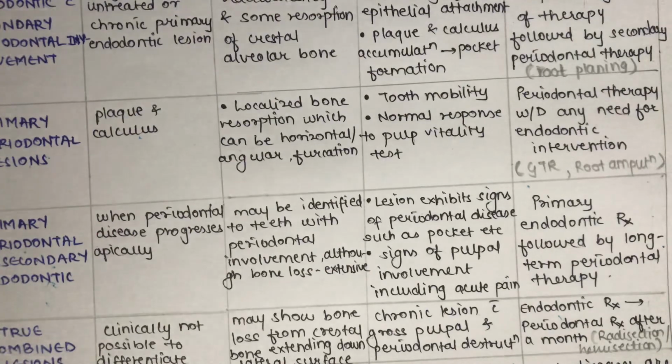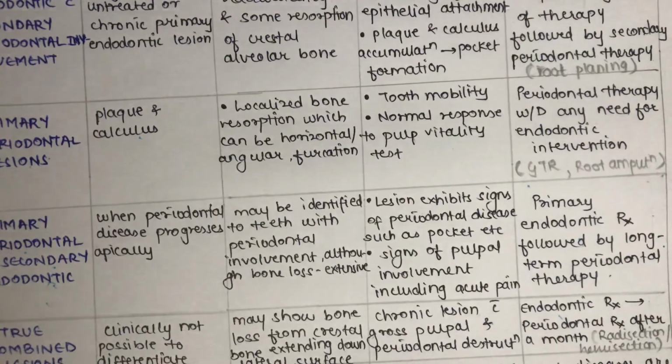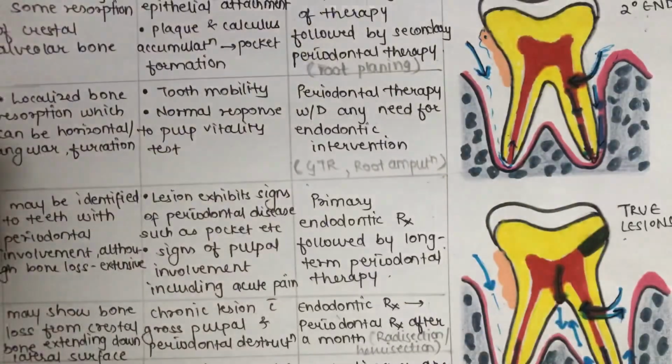Then the next is that the periodontal component cannot resolve until the endodontic lesion is resolved. If the endodontic lesion is present and not resolved properly, there is continuous bacteria present. Unless you treat the pulpal problems, your periodontal problem won't resolve. Then, the progress of periodontitis is very slow, with the exception of some acute diseases.